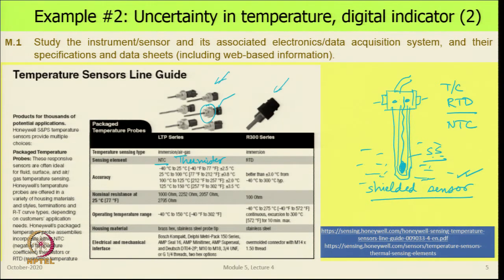Now, from this data sheet, let us see what we can learn. It says accuracy; this side is thermistor, this side is the RTD, the resistance temperature detector.